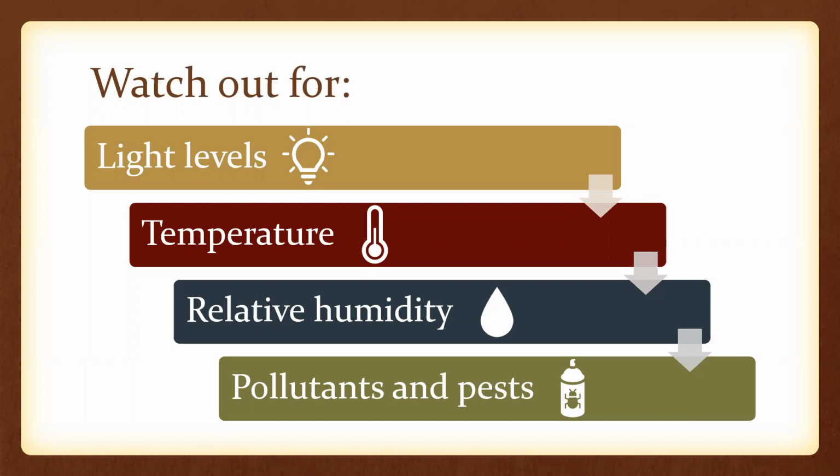Number 2 and 3 are temperature and relative humidity. Elevated temperature and humidity will accelerate the chemical breakdown of photographs, and they're also just an invitation for mold and pests to flourish. However, humidity levels that are too low can actually cause your photographs to become brittle as the moisture evaporates out of the photos. So finding the right balance is good, but consistency actually is the number one factor.